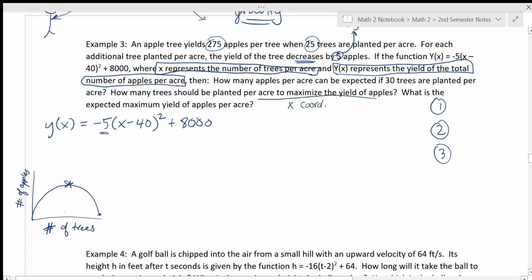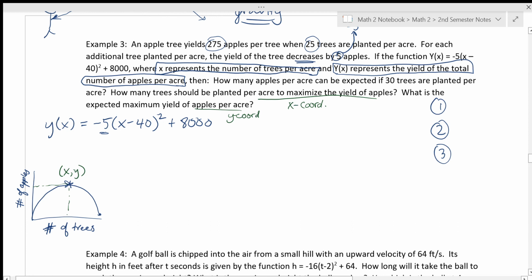That would be here, right? X comma y. X would be the number of trees, y would be the number of apples. So my second question is asking me for the x-coordinate of my vertex. And my third question, expected yield of apples per acre, that's asking me for the y-coordinate of my vertex.